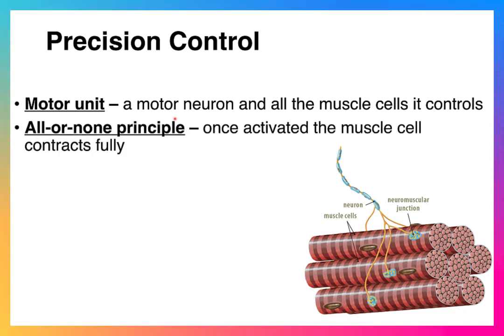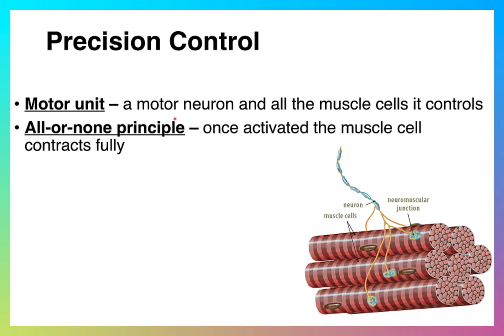Now each individual muscle cell follows the principle of all or nothing contraction, which means that each muscle cell, when it is activated, contracts fully. So the way in which we contract something strongly versus weakly is by the number of muscle cells that are activated.